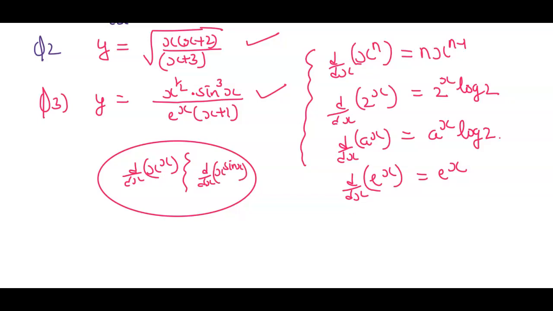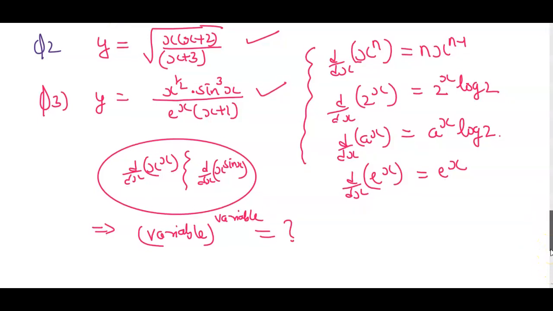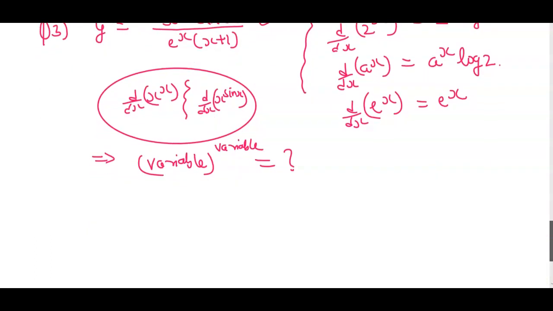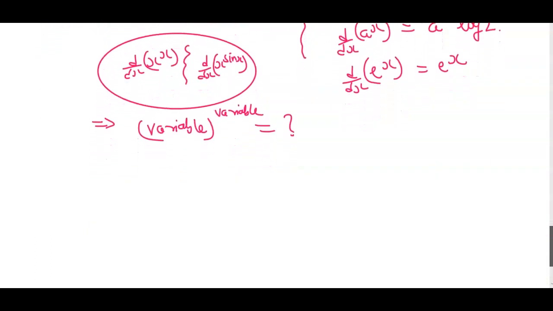In a nutshell, I just wanted to know whether variable to the power variable has some formula, or I have to depend on some other formats of my derivative to do these questions.